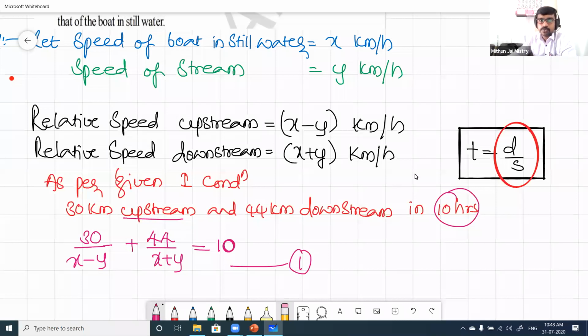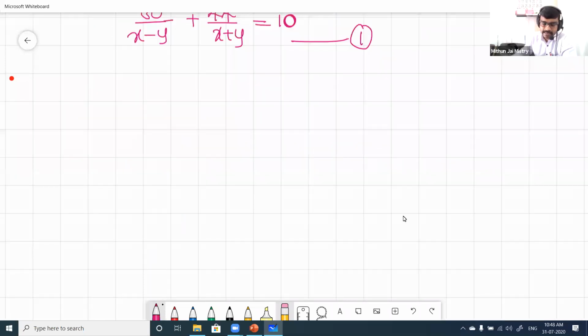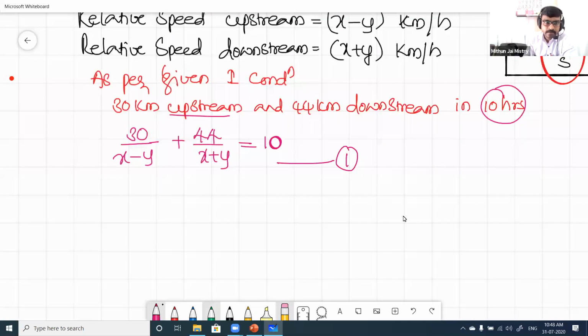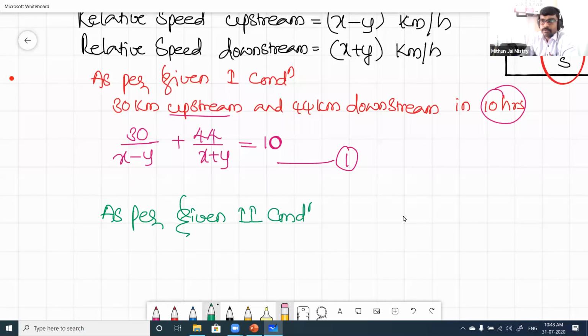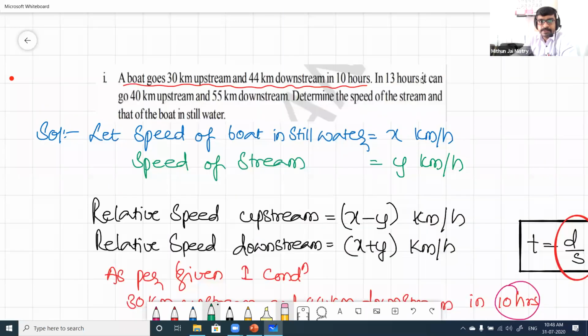Now let me move to the second condition, right? As per the given second condition, what is our second condition? Have a look once again. In 13 hours, it can go 40 kilometer upstream and 55 kilometer downstream.